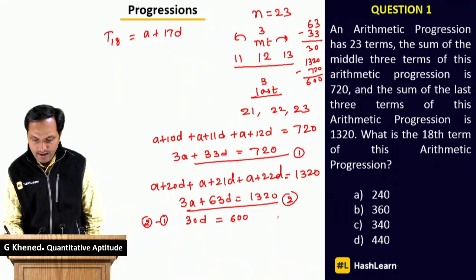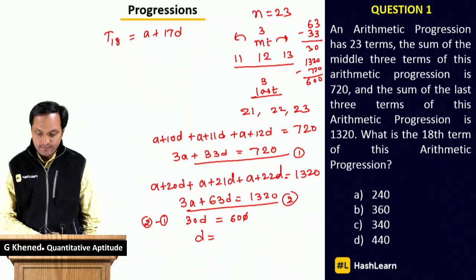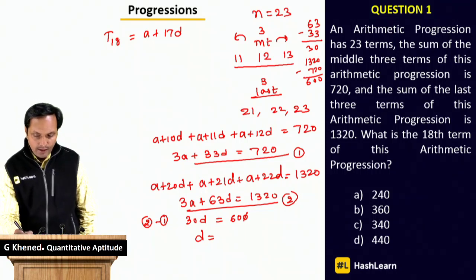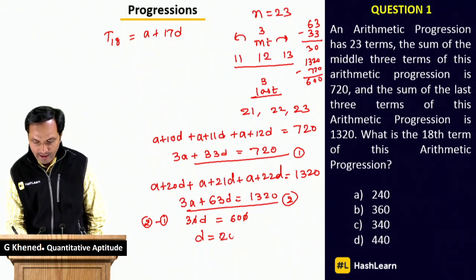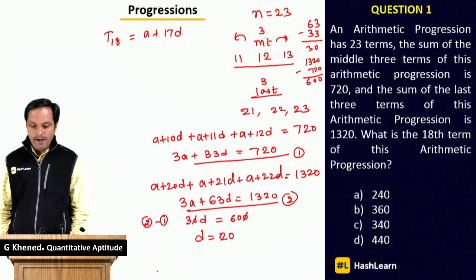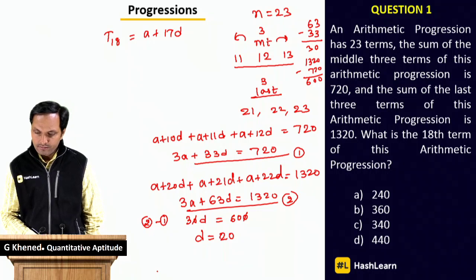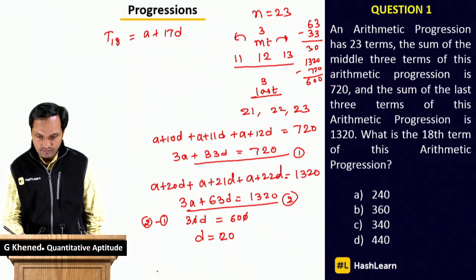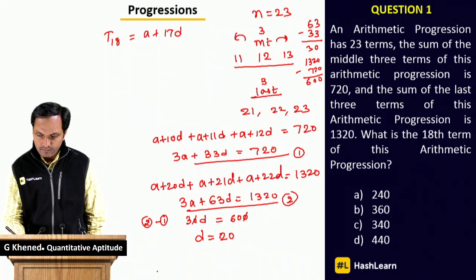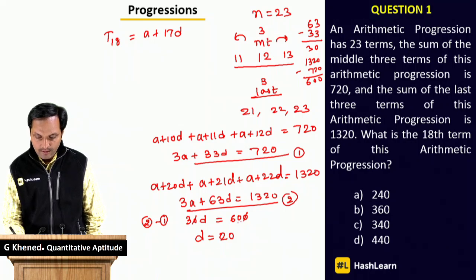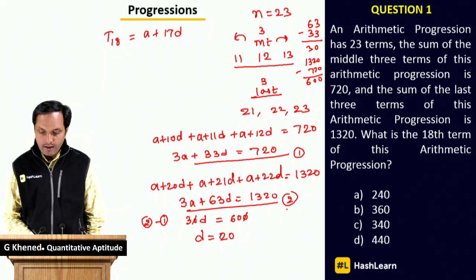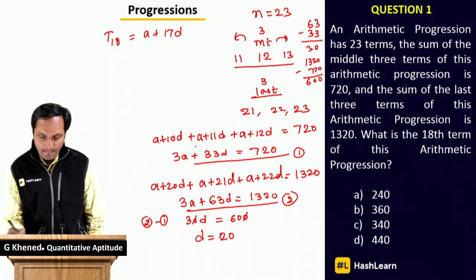If it is 600, the value of D is, 3 2s are 6, that is 20. D is equal to 20. What will be A? Just simplify there.